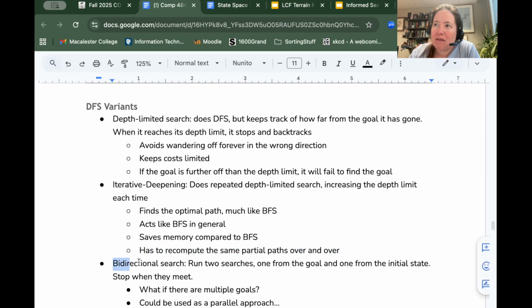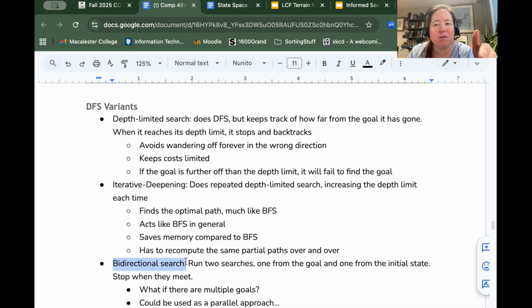There's another search variant that's also an interesting one called bidirectional search. This is most appropriate when you have a small number, one solution state or a small number of solution states, because the idea is that you can start your search in the forward direction from your start state, and you can also start searching from the goal state backwards towards the start.